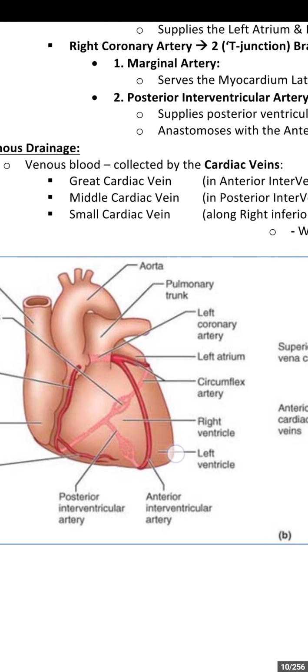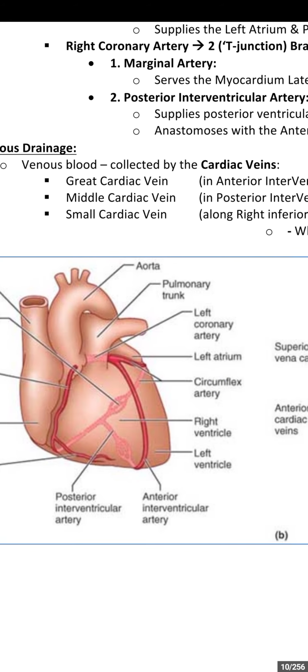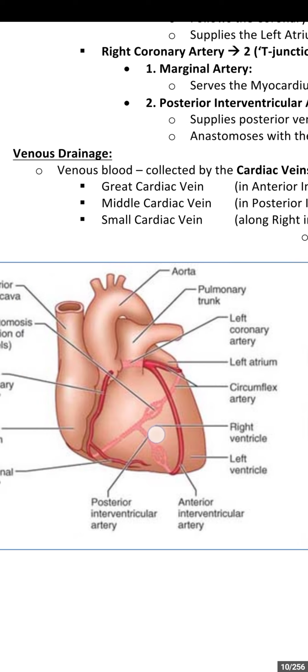The circumflex artery is an extension of the anterior intraventricular artery, and the continuation of the anterior intraventricular artery is the posterior intraventricular artery.